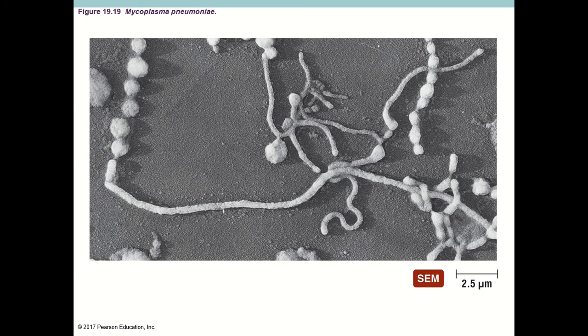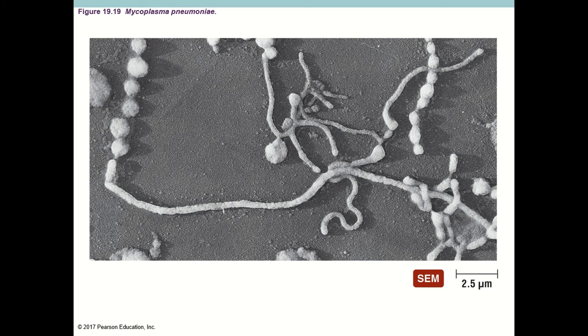Okay? So they'll attach to the stratified squamous epithelium of the nasal cavity, and then moving towards the back of the nasal cavity, the nasopharynx, they'll colonize the pseudostratified ciliated columnar epithelium, which produces mucus, right? And so that epithelium there contains goblet cells.